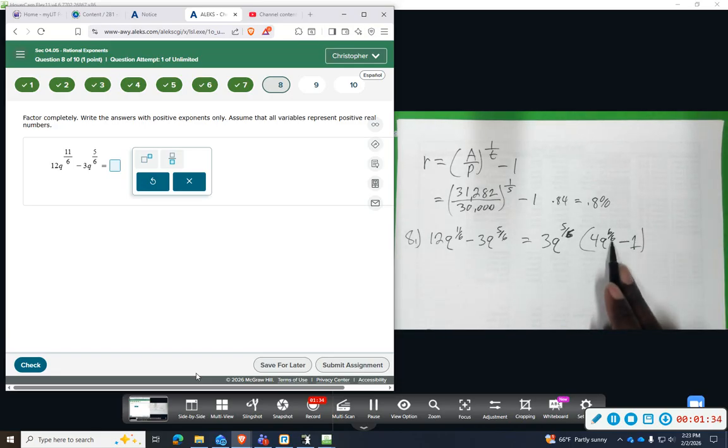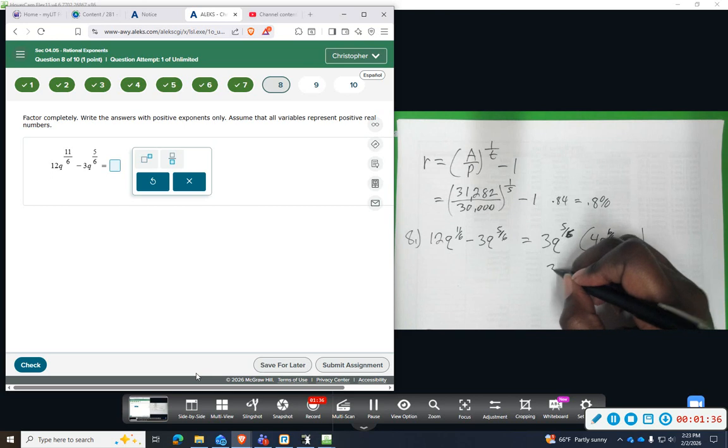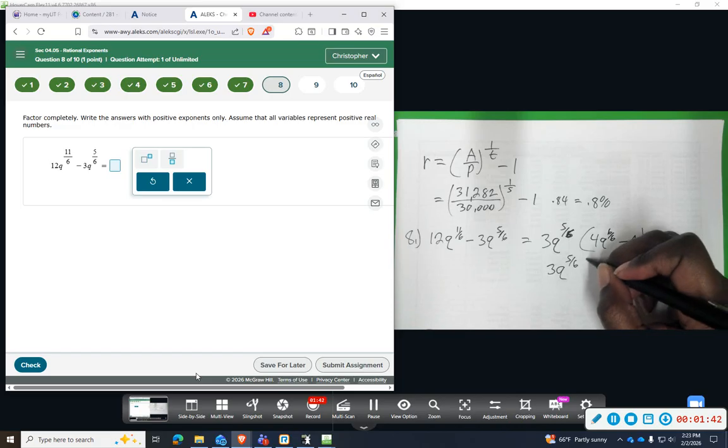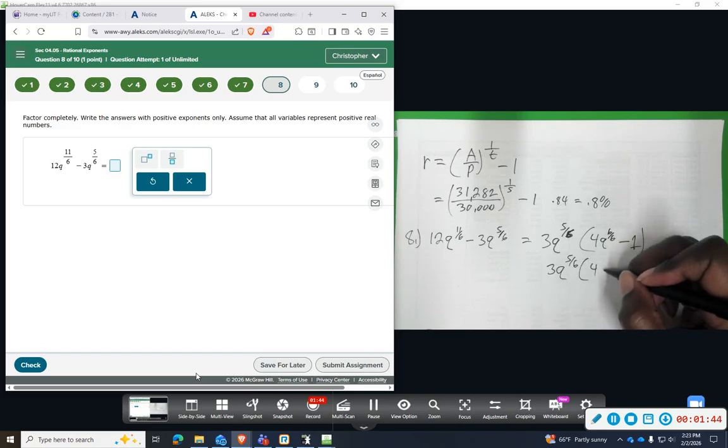And then 6 divided by 6 is 1, so we can say 3q to the 5/6 power times the quantity 4q minus 1.